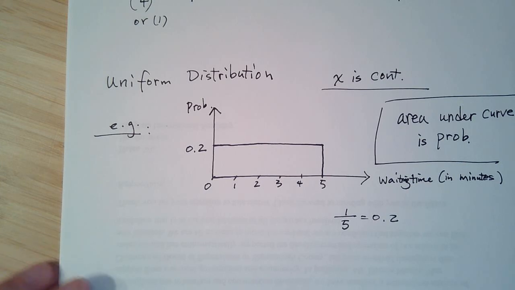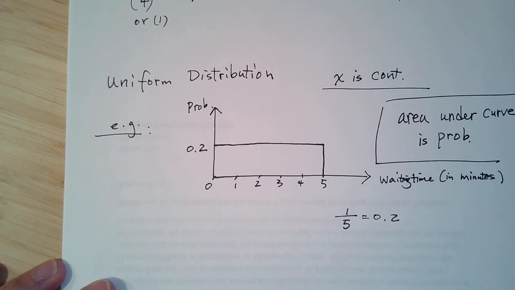All right, now let me ask you a question. What is the waiting time? Let's see, I will give you one. Find the probability that a randomly selected passenger has a waiting time of at least 2 minutes.